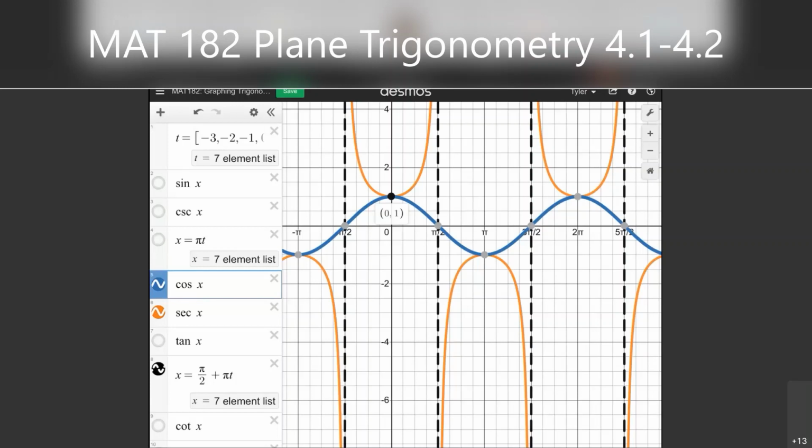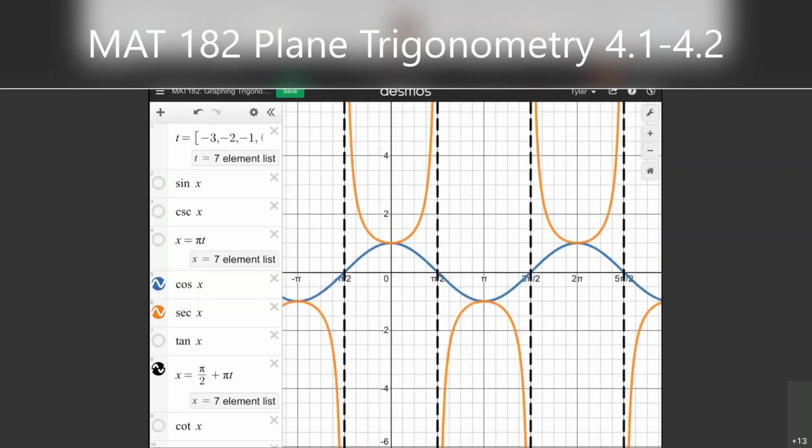So the secant graph is the orange graph. Yes, orange. And then the cosine is the blue. Secant graphs, they themselves are not connected to each other, but it connects with the cosine.